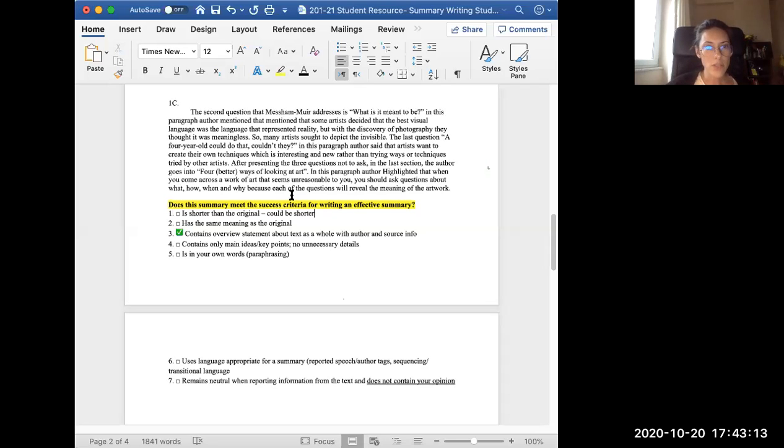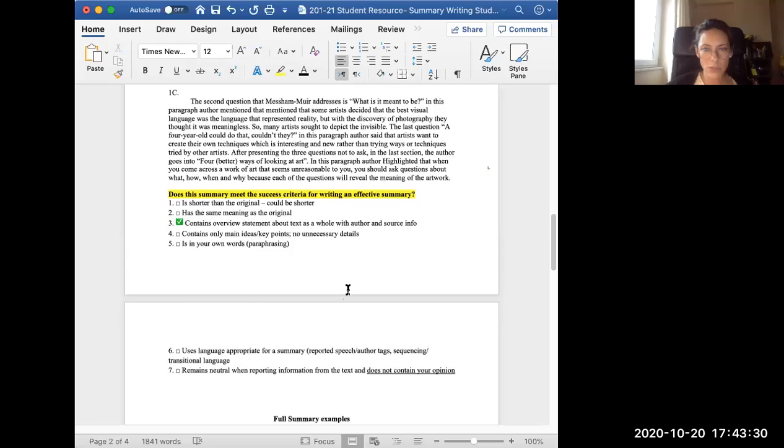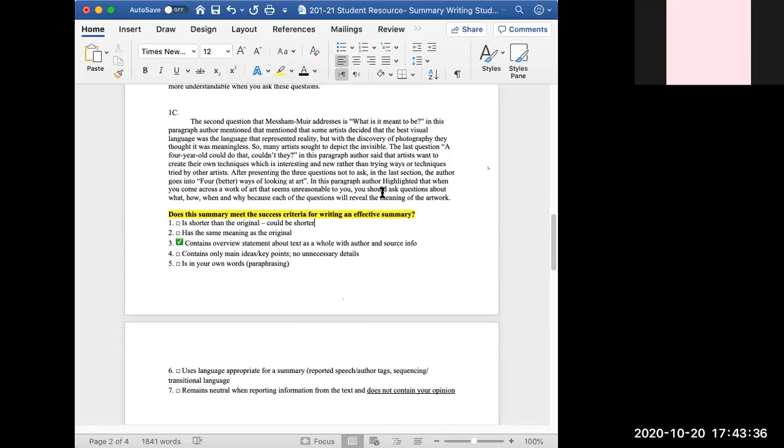So, okay, generally we have good reported speech. They included the questions, talked about how it ended, which will reveal the meaning of the artwork. Yes, it's okay, I think. So the general comment was it could be shorter, and the main idea of the article should be included. Yes, that's all.